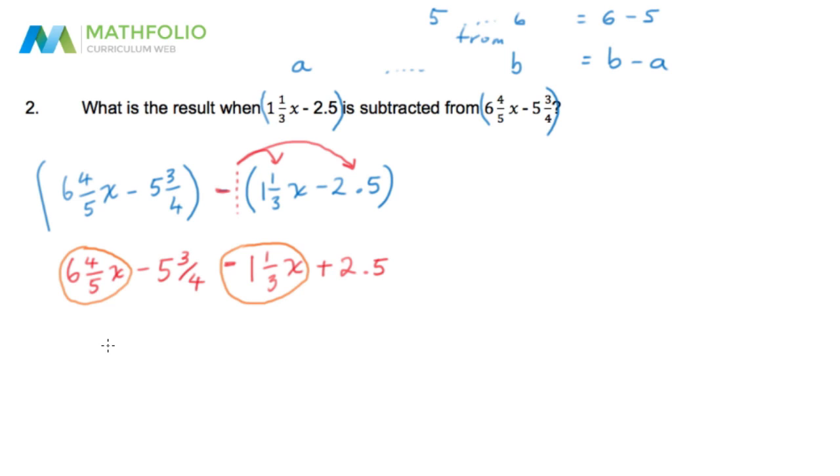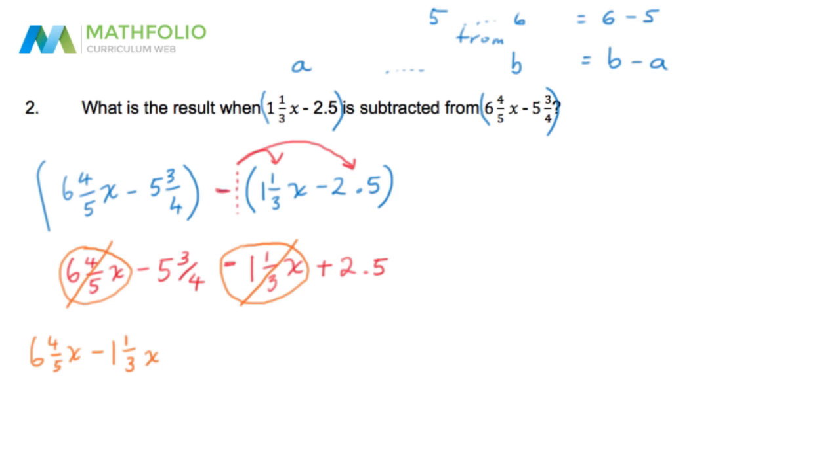So as I always say, this is like animals in a zoo. You're only going to put the same types of animals together in the zoo. So here our animal is x, and we've got 6 4/5 x, and at some point we're going to subtract 1 1/3 x from it. So that's going to deal with this bit, and it's going to deal with this bit.